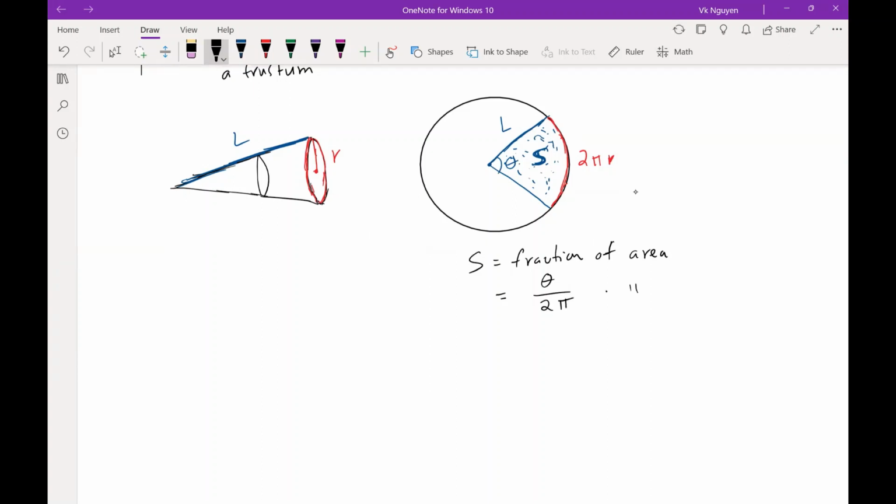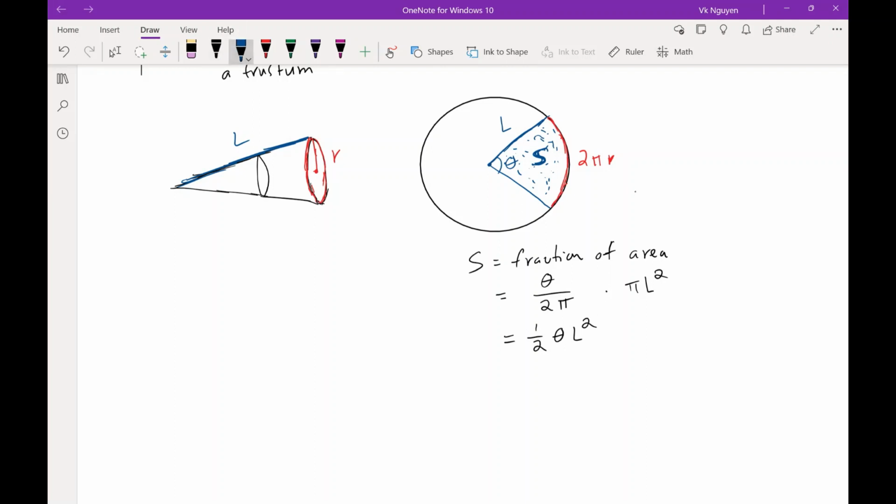The area is pi times the radius L squared, so pi L squared, which simplifies to one half theta L squared. Well, if you look at the cone, we don't have any angle theta, so it is best if we can figure out a way to rewrite the angle theta.